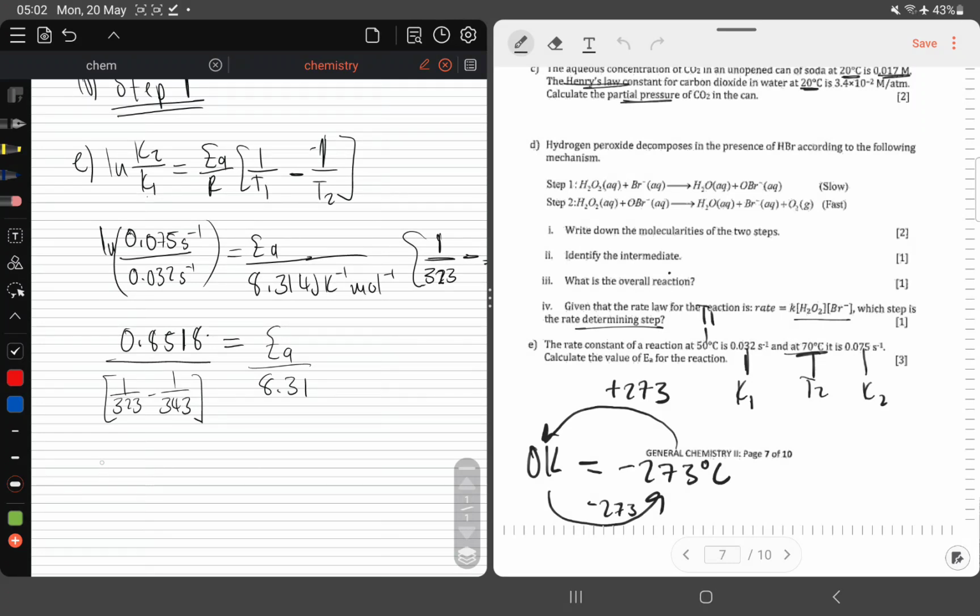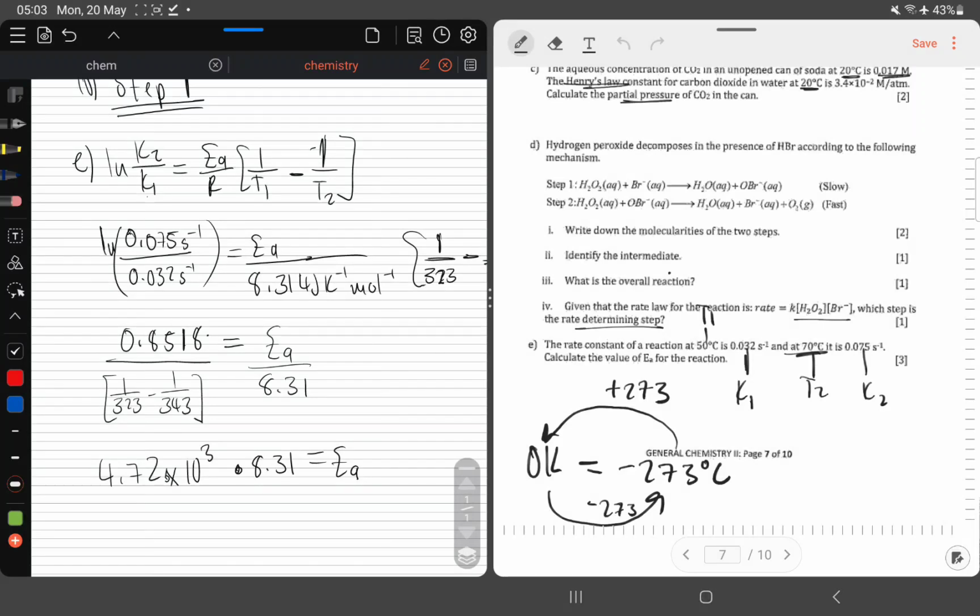Then I'll say that 4.72 times 10 to the power of 3, multiplied by 8.31. This is going to be my EA.